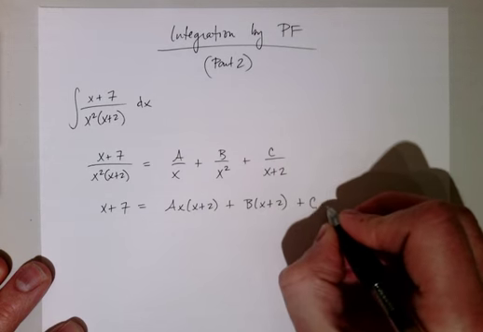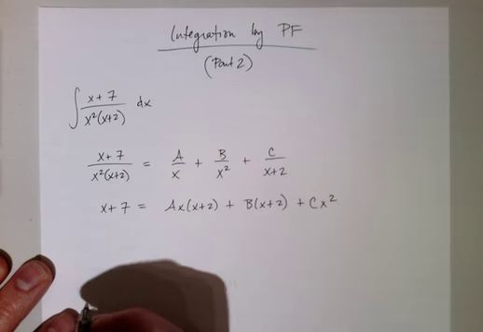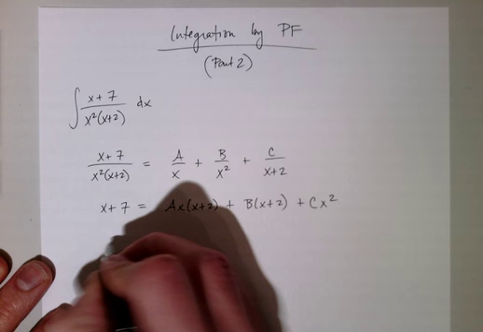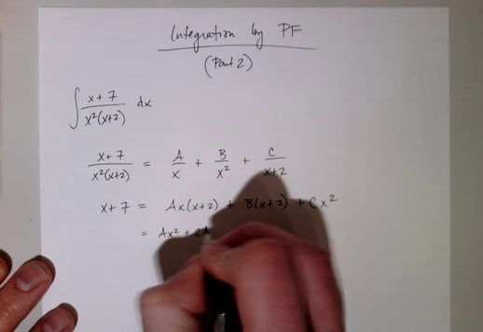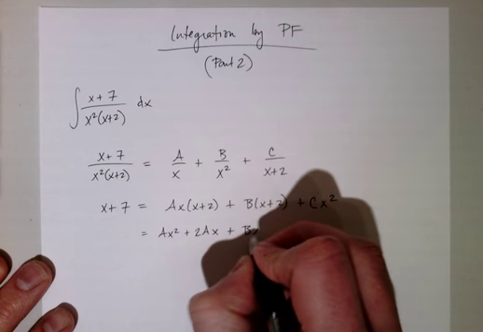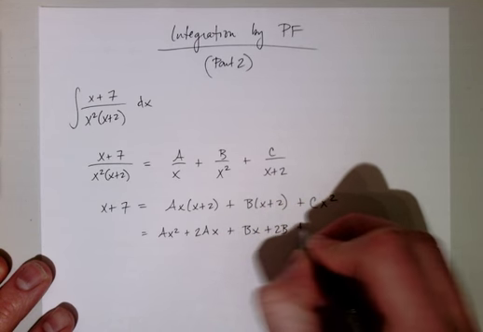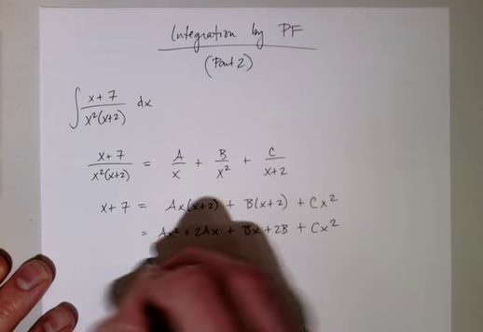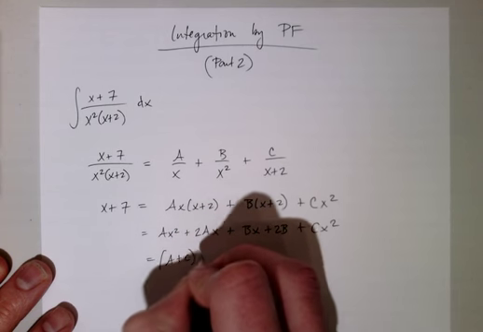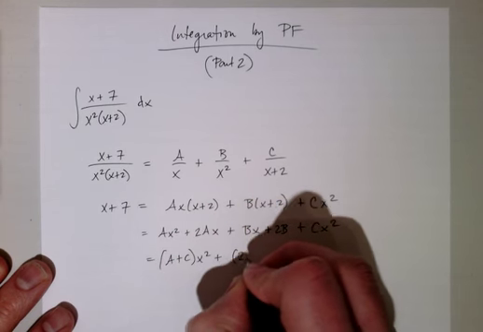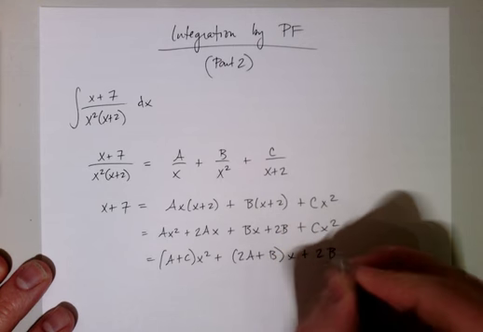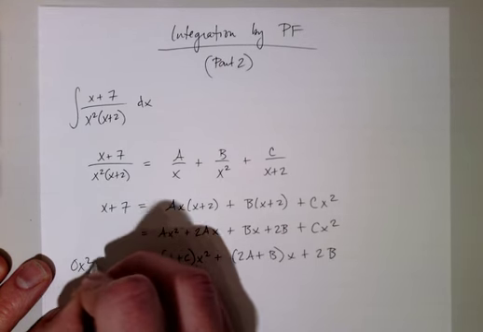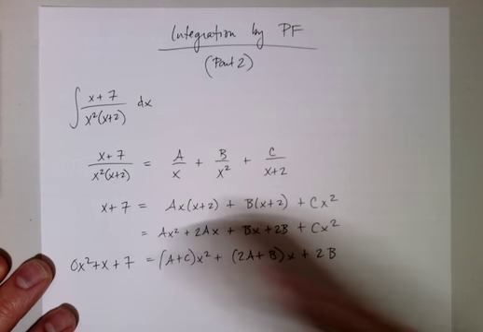Multiply through, of course, by the common denominator. Let's go ahead and multiply this all out. It's 2b plus cx squared, and we get a plus c x squared plus 2a plus bx plus 2b, and we have 0x squared plus x plus 7.